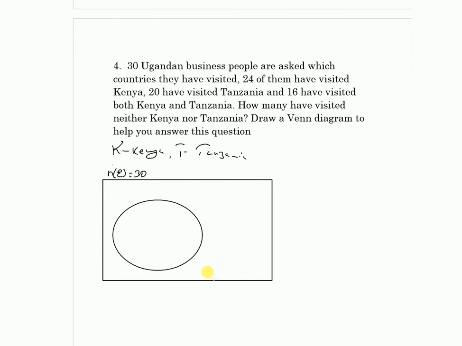One will be K, and I have another one, T, for Tanzania. You can make it a different color so that you can see where each color is passing. So this one is K, and this one as T.